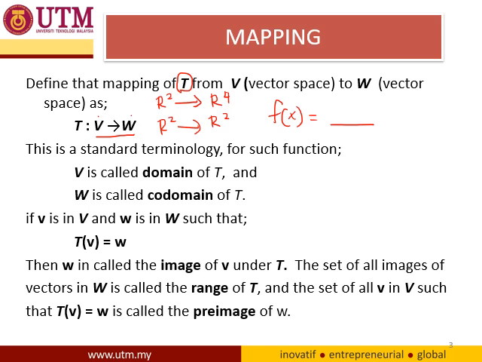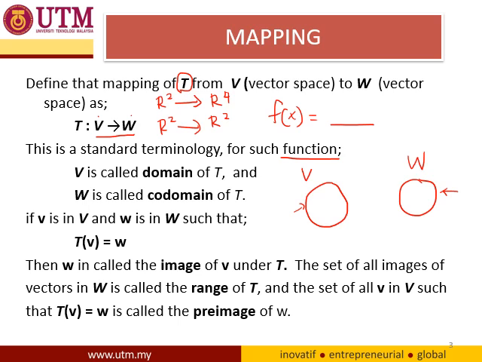So V is called the domain of transformation T, and W is called the codomain of T. Like I mentioned before, in your discrete class, let's say this is your V and this is your W. Inside here V is the domain, and this is the codomain.